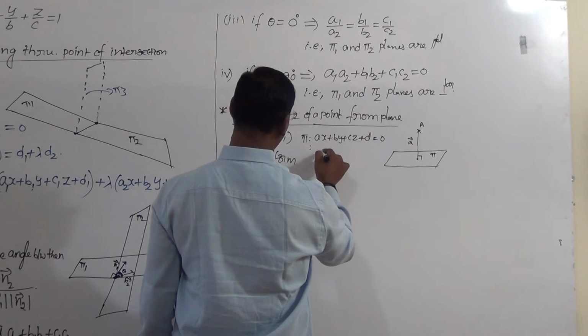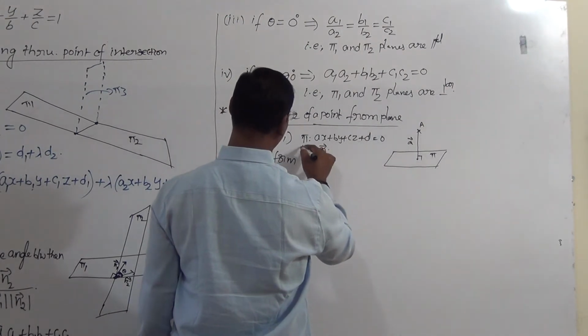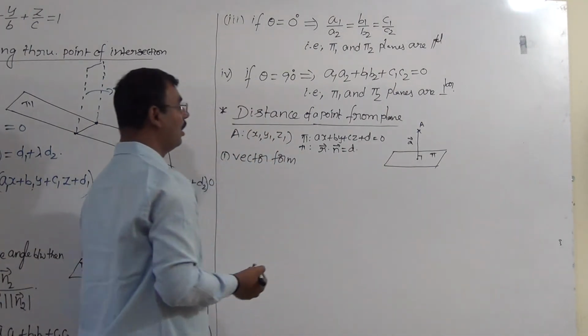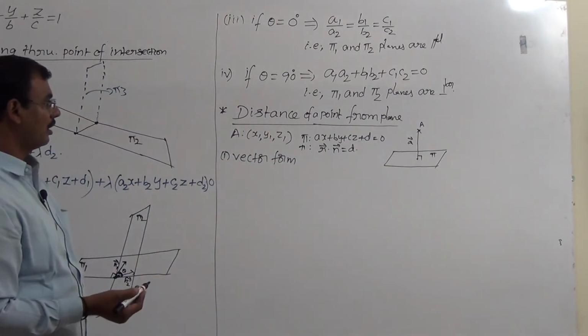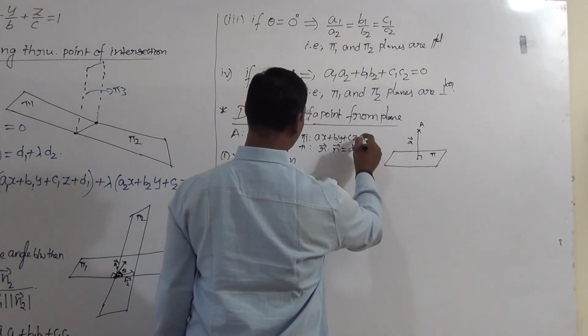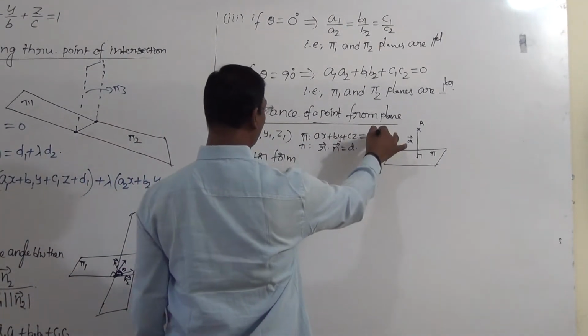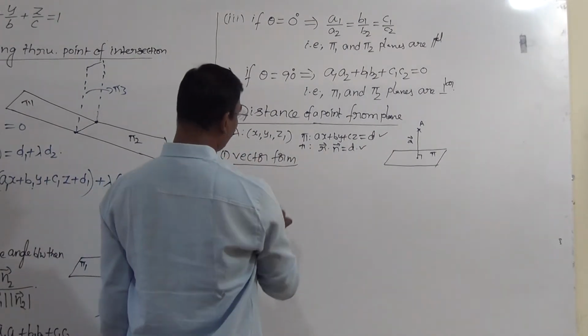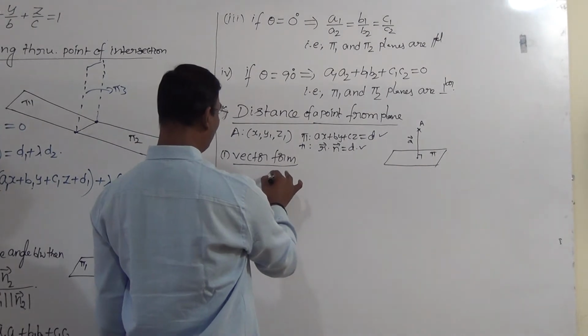This is also nothing but r bar dot n bar is equal to d. Ax plus by plus cz is equal to d is the Cartesian form, and this is the vector form. Now I want the distance formula in vector form.